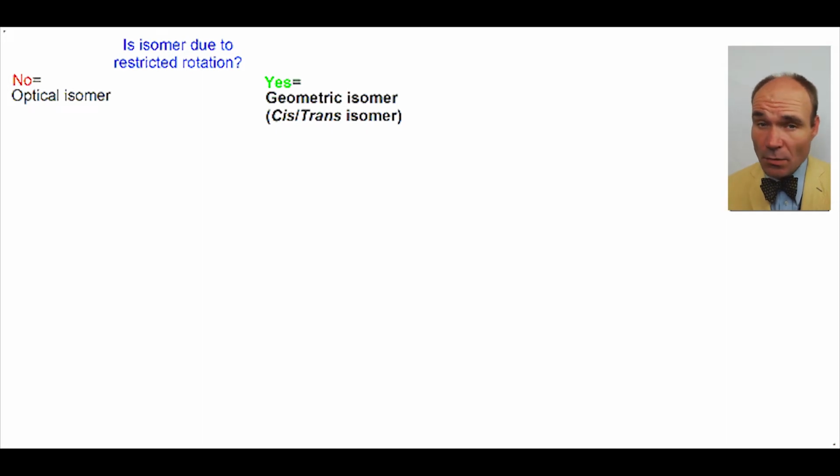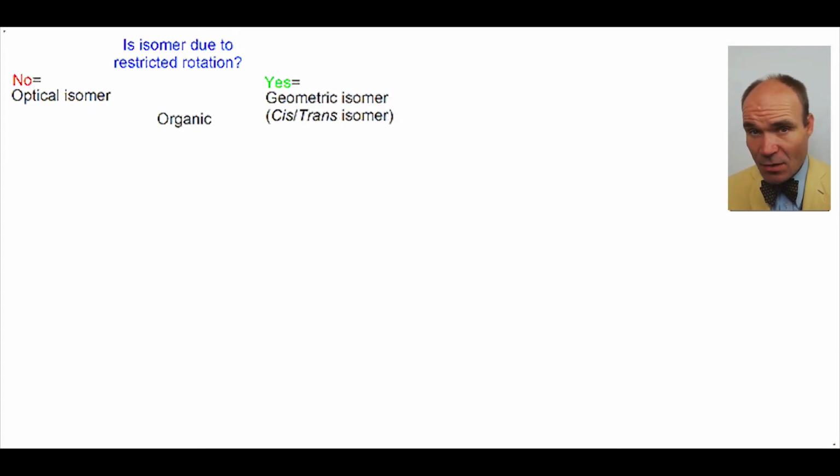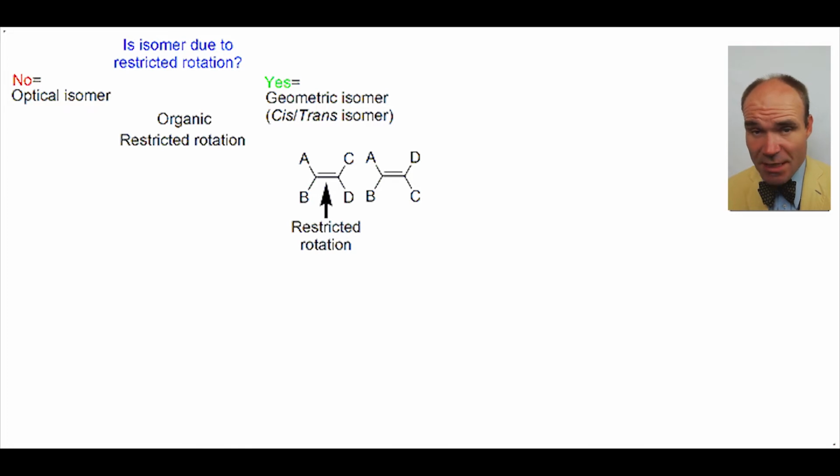These isomers can also be described using an older descriptor methodology of cis and trans. Thus, sometimes they're called cis-trans isomers. In an organic context, you must have a restricted bond rotation. First, we identify the bond of restricted rotation.